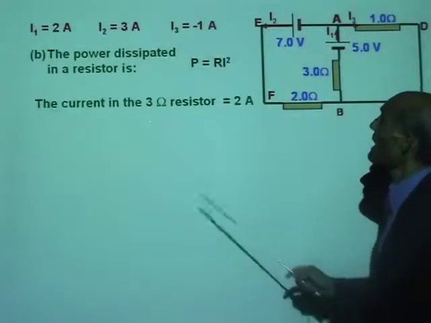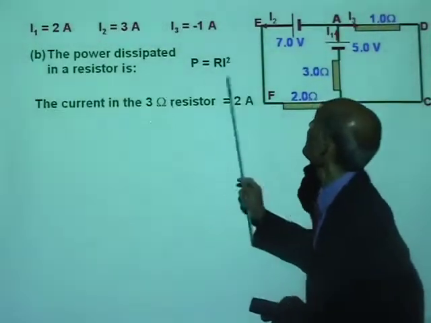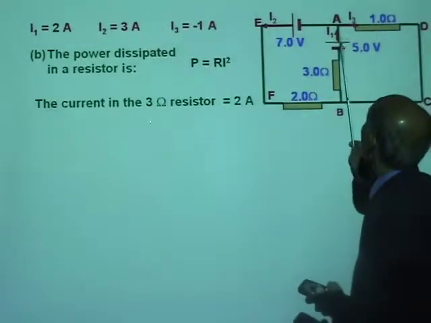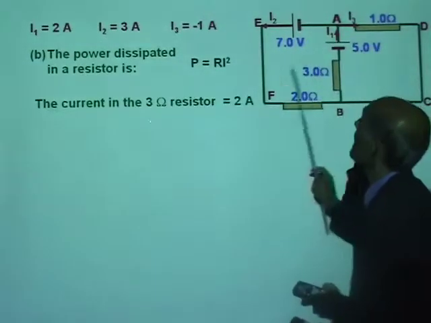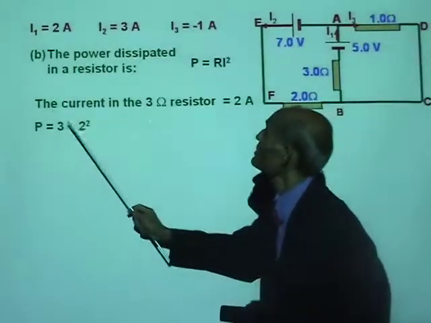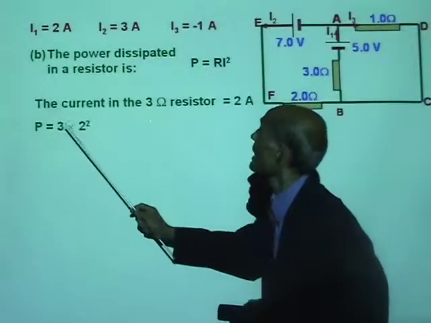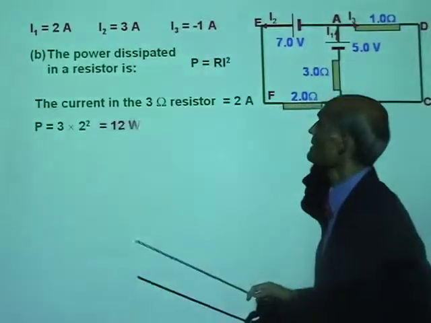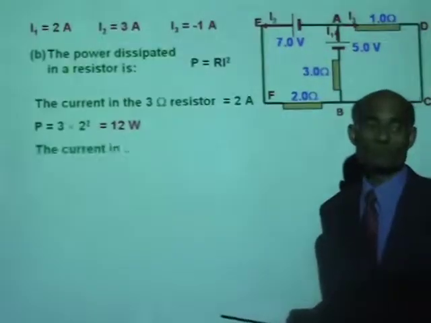So let's find the power dissipated in the 3 ohm. The current in the 3 ohm is I1, which is 2 ampere. So the power dissipated is 3 times 2 squared, RI squared, that is 12 watt.